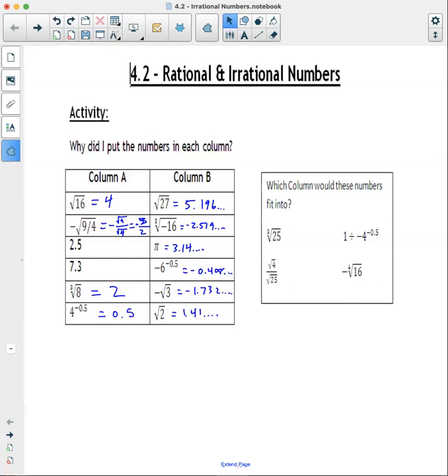Okay, so hopefully you're starting to notice a pattern here, and I kind of suggested it earlier. Column A has whole numbers, fractions, or decimals that terminate.